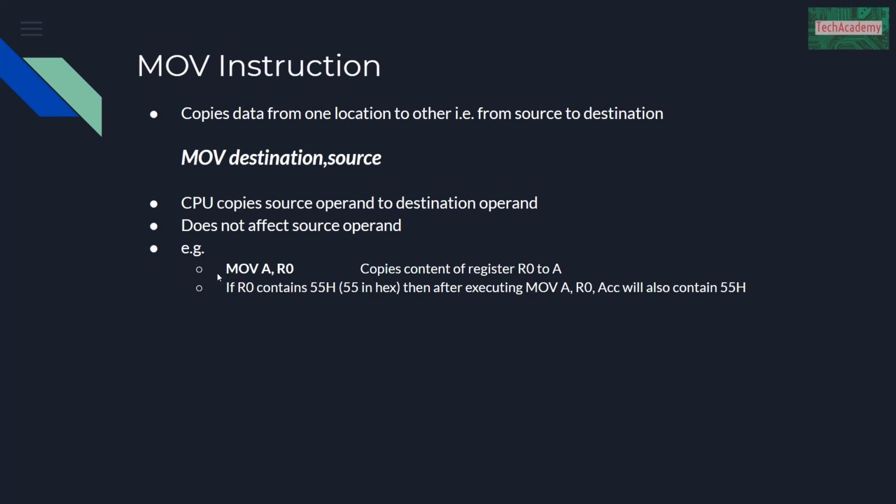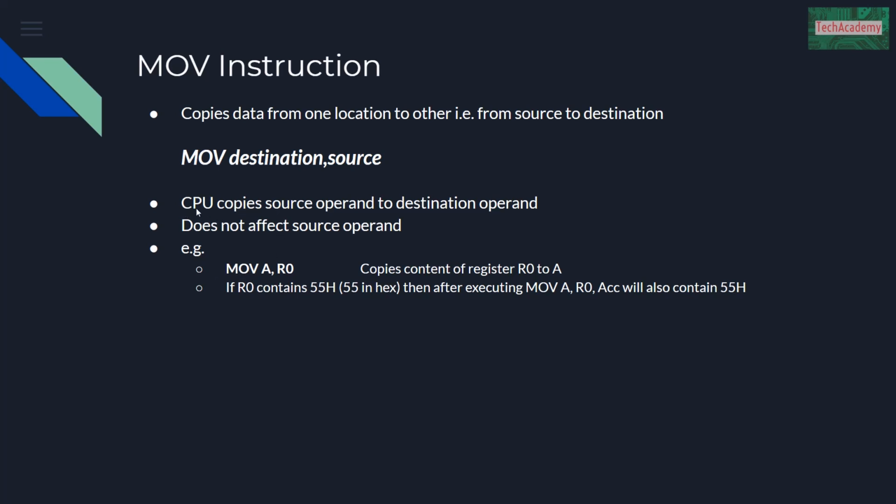When we execute this instruction, this 55H from R0 will get copied into the accumulator. So after execution of this instruction, the accumulator will hold the value 55H. Okay, so this is how we can write a simple move instruction.